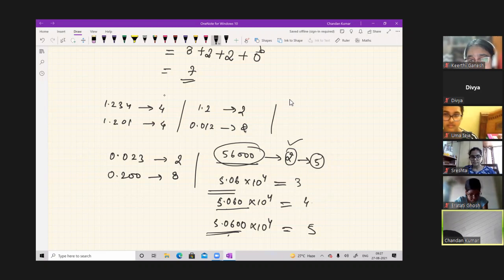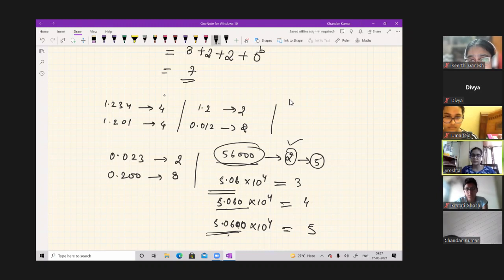This zero comes after 5.0. Into 10 to the power 4, no, sir? So it will become 50,600. That time only 3, no, sir? The last 2 zeros won't be counted because they're trailing zeros, sir. Yes, but in that case, it's in our hand.